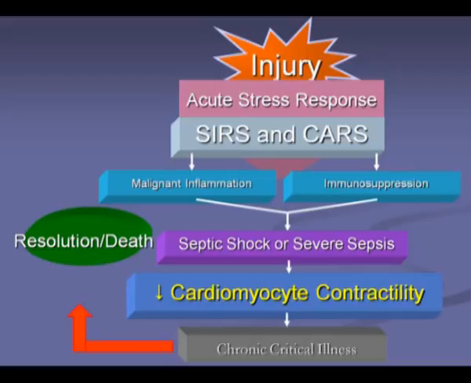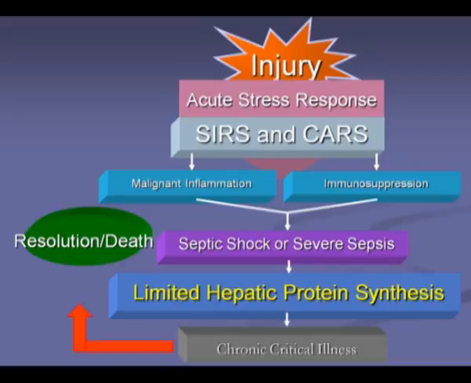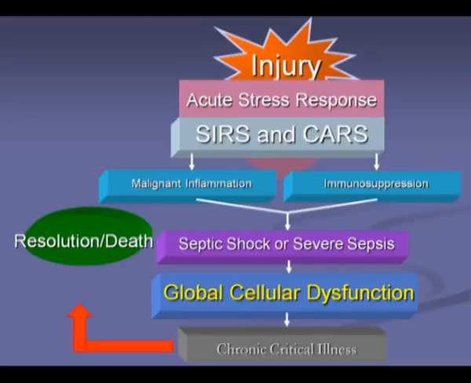On a pathological level, on a level of actual cellular function, we're talking about cardiomyocytes that don't contract, or endothelial cells or smooth muscle cells that don't contract properly. We're talking about impaired gas exchange and failure to transit across the alveolar membrane, impaired renal resorption, limited hepatic protein synthesis, and impaired neurotransmission. In fact, what we're really talking about is every cell in the body in some way, shape, or form becomes dysfunctional.